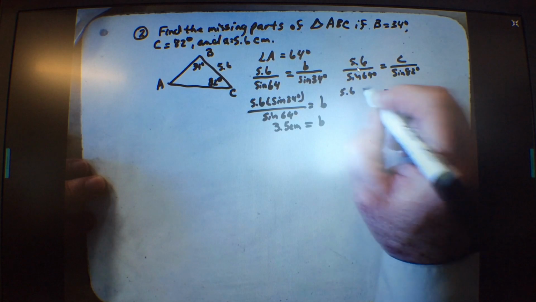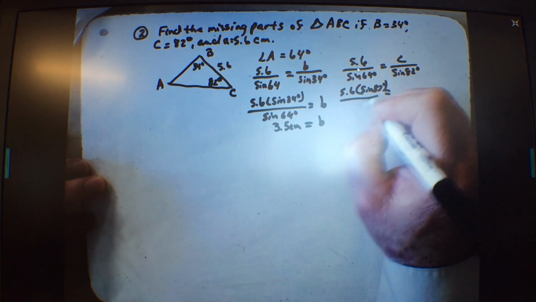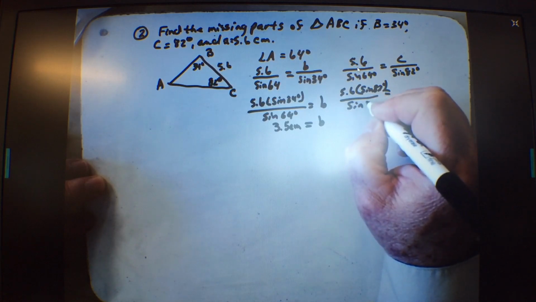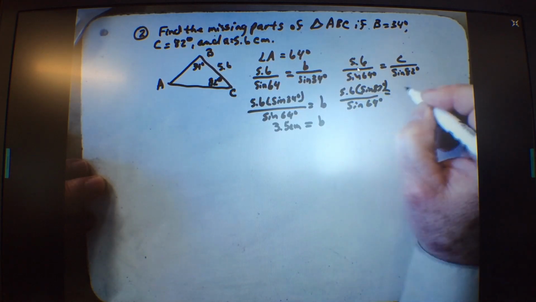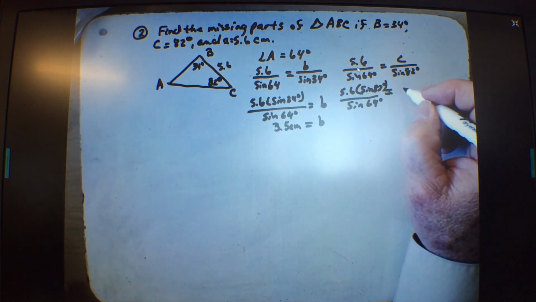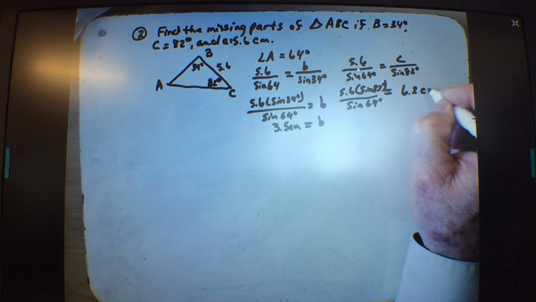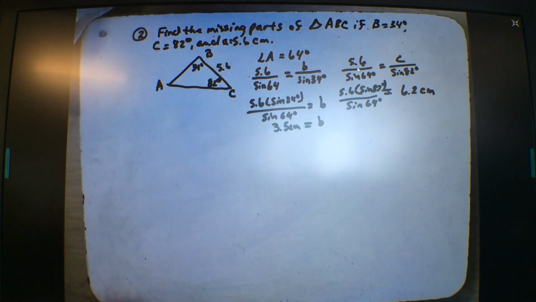So you're going to have 5.6 times the sine of 82 degrees over the sine of 64 degrees, and to 2 sig figs, 6.2. Yep, and that is centimeters, correct? Josie, did you get that? Yep.